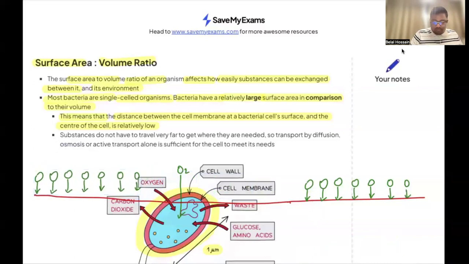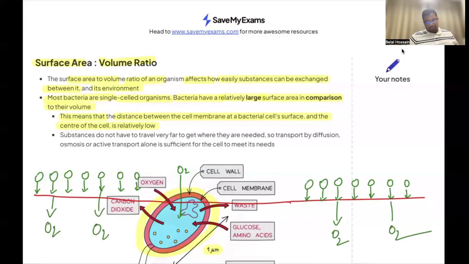So the more they would come and bump with your cell membrane, the greater the chances that some of them will be lucky and they will get in. So instead of having 2 going in, you would have 4 going in now because you have greater surface area. Did you get the point?